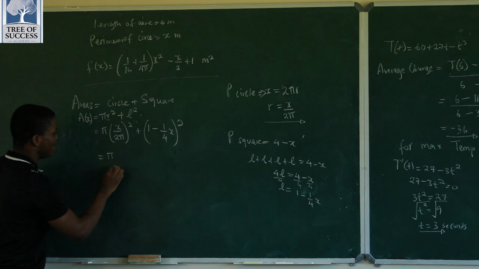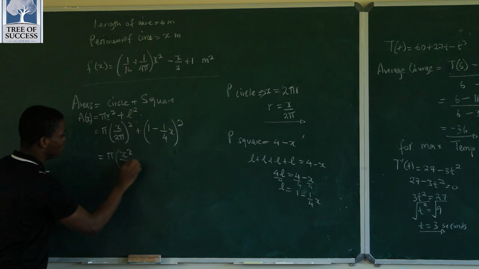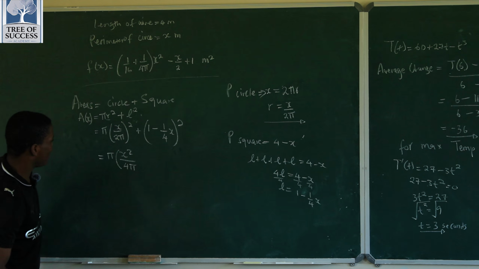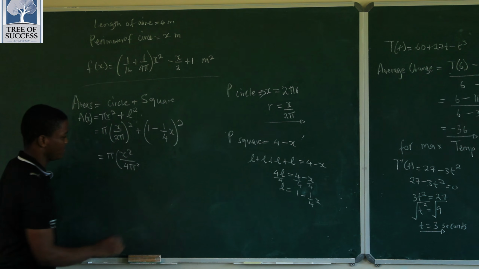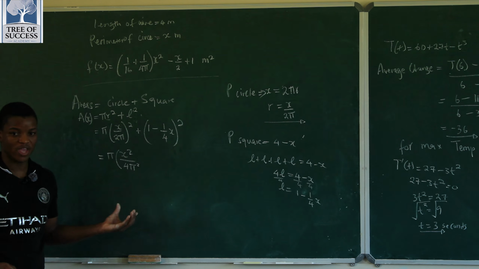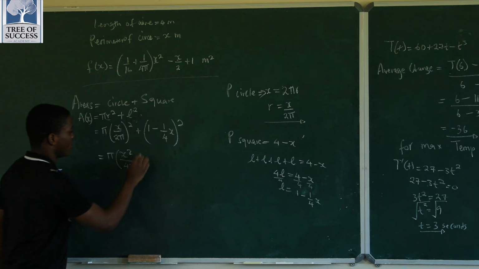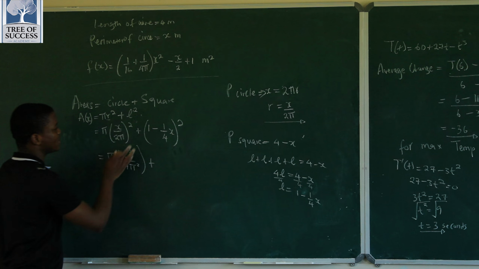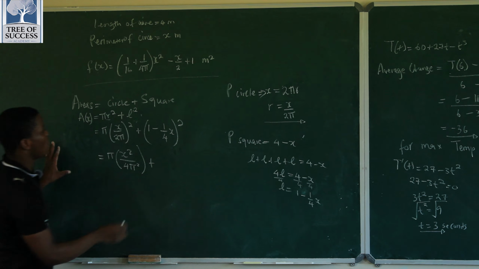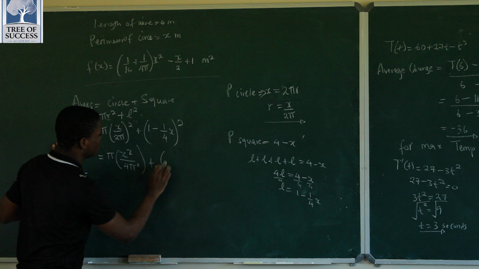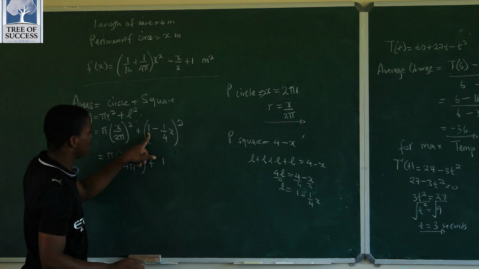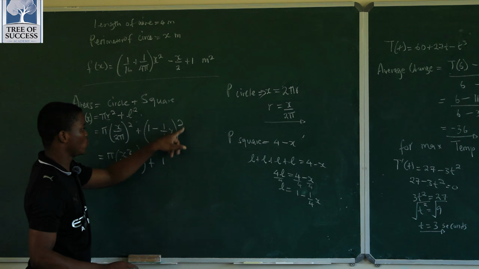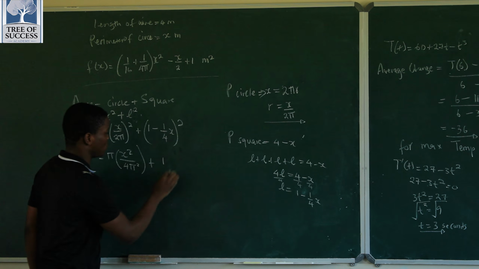So this is pi into x squared over 4 pi squared, because we square everything. Then plus, what is the square of this one? By squaring, it has to be 1. Then what is 1 times negative 1 over 4 times 2?